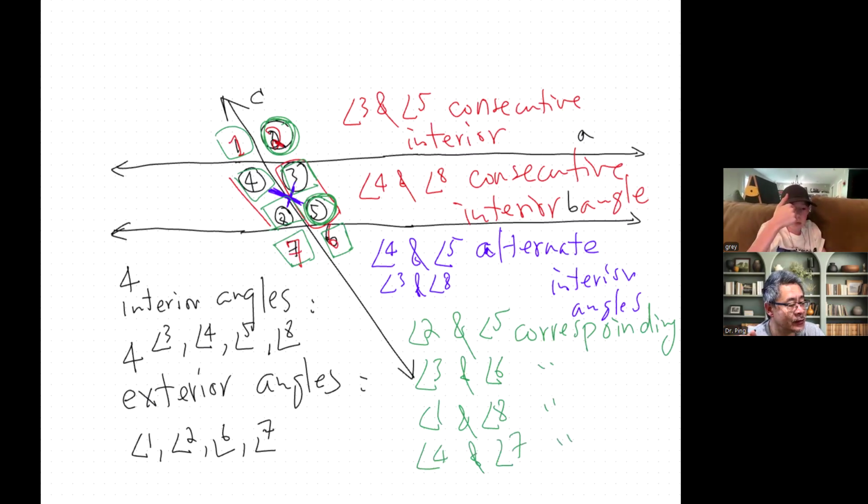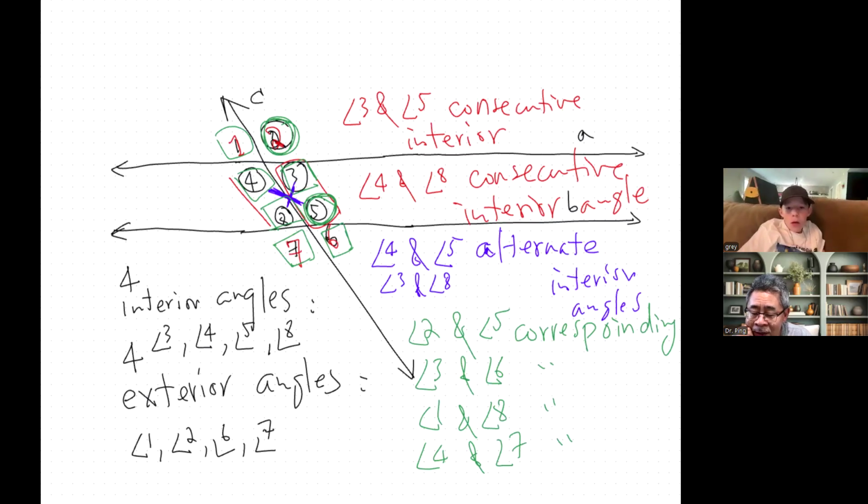Okay, very good. So we did consecutive interior angles and alternate interior angles. Then we looked at one in, one out, which we call corresponding angles. And lastly, we're talking about exterior angles. They also can have consecutive and alternate.